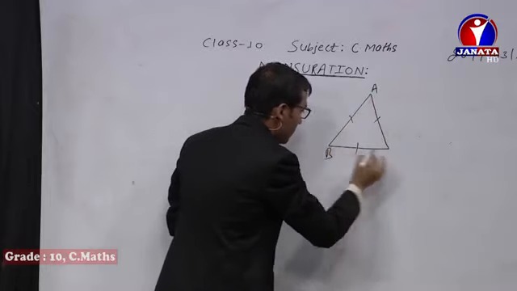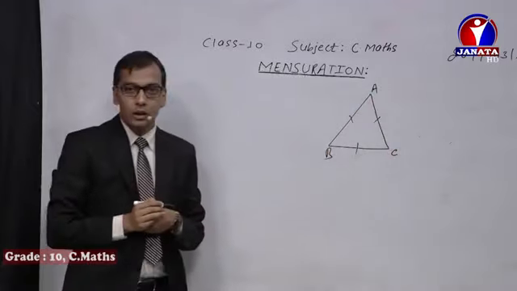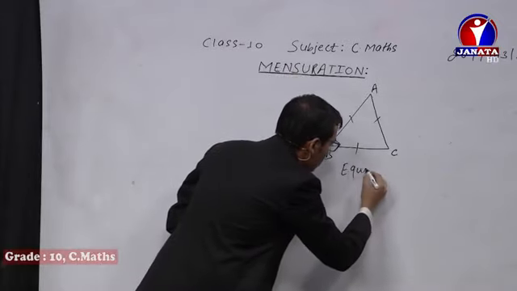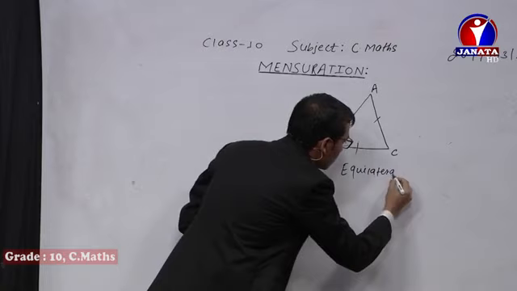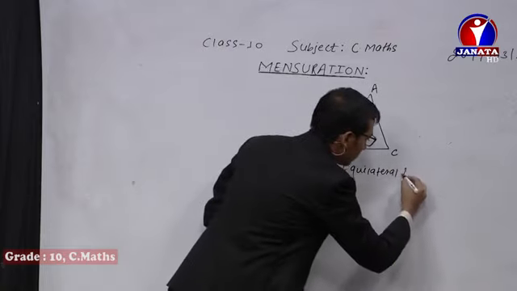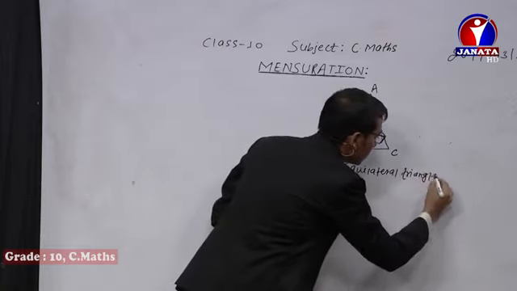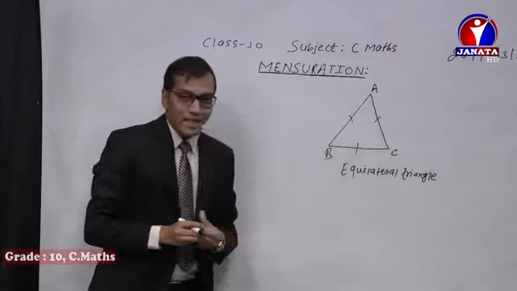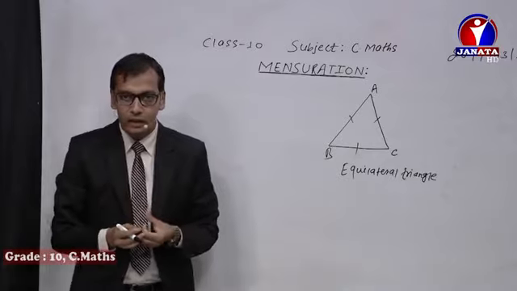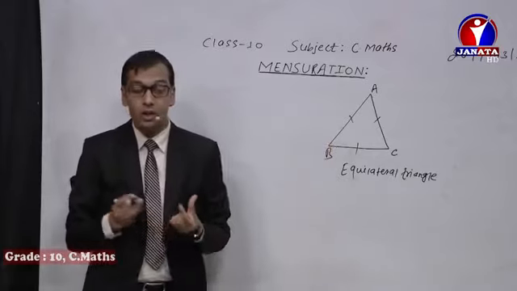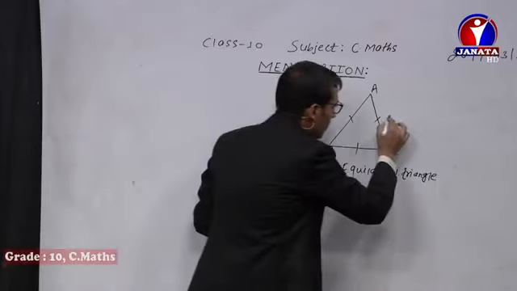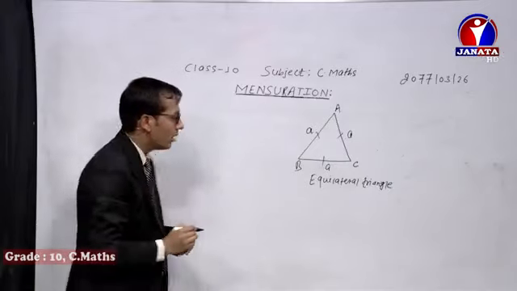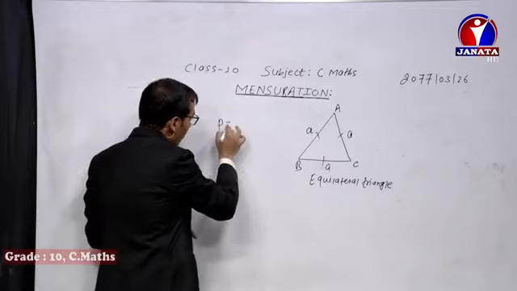Suppose ABC is a triangle. So this is an equilateral triangle. In an equilateral triangle, all three sides are equal in length and each angle measures 60 degree. So if we denote each side of this equilateral triangle by A, now what is the perimeter?